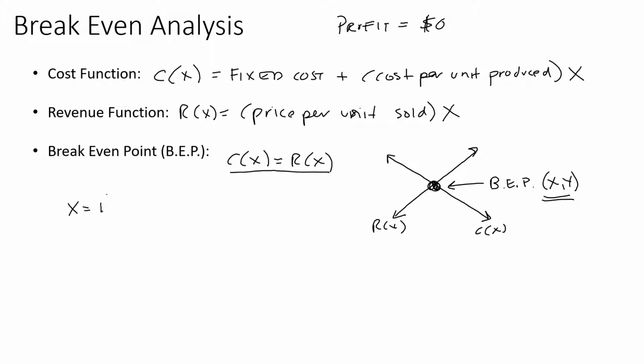X is the number of units, or the number of widgets. Y is going to be the amount of money coming in, how much we make, which at the break-even point is the same as the amount of money going out that we're spending, our cost.